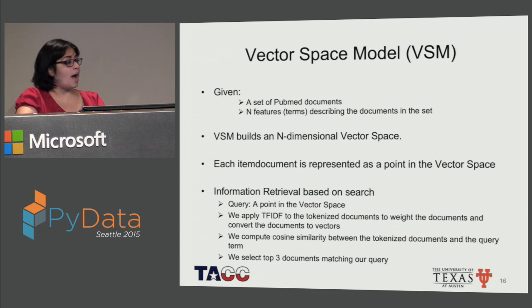Next, we see how information retrieval is done through the vector space model. So what do we have? We have a set of PubMed documents. We have n features. N features is the number of unique terms into which you tokenize your document, describing the documents in the set. So each and every document will be divided into 0 to n terms. And whenever a term is not occurring in the matrix, it will be 0 or not a number.